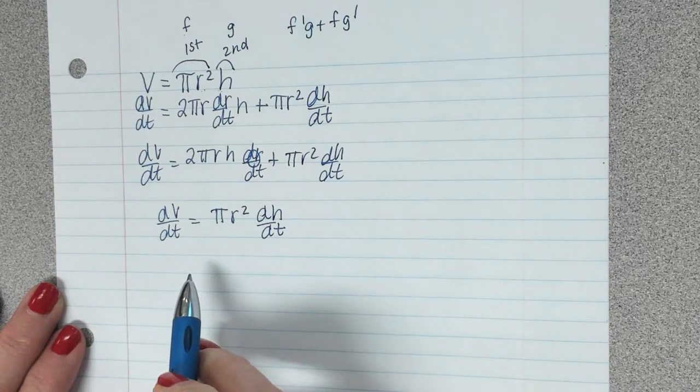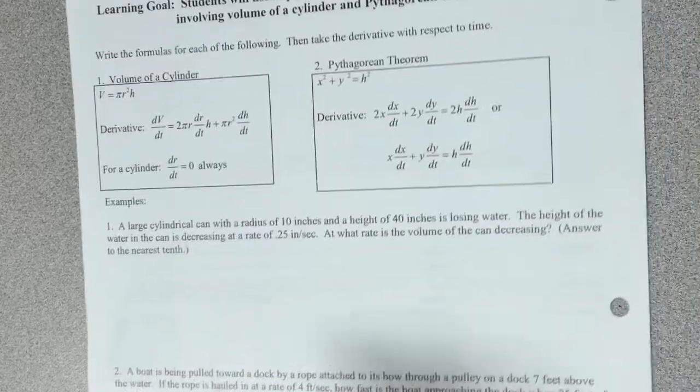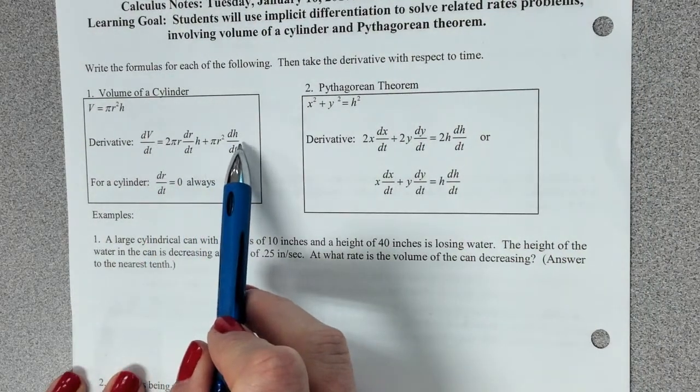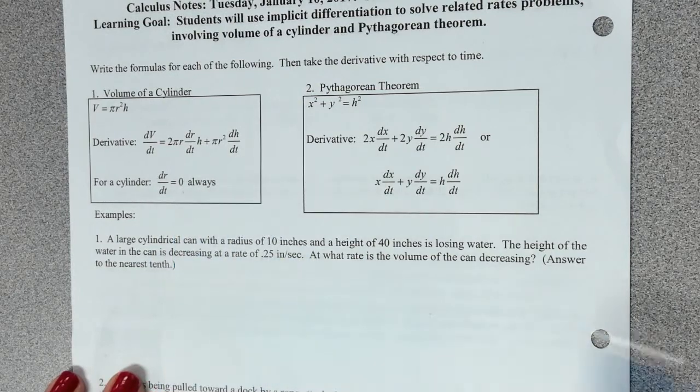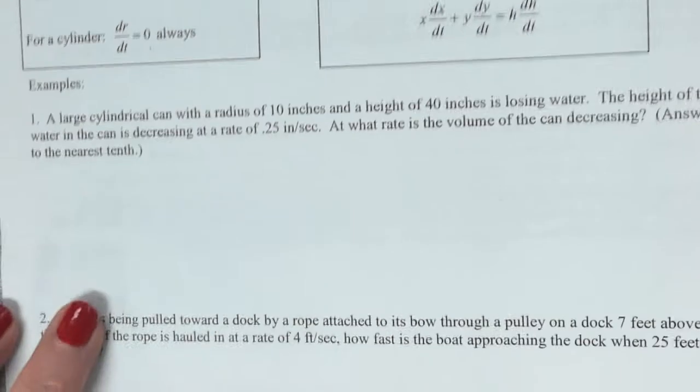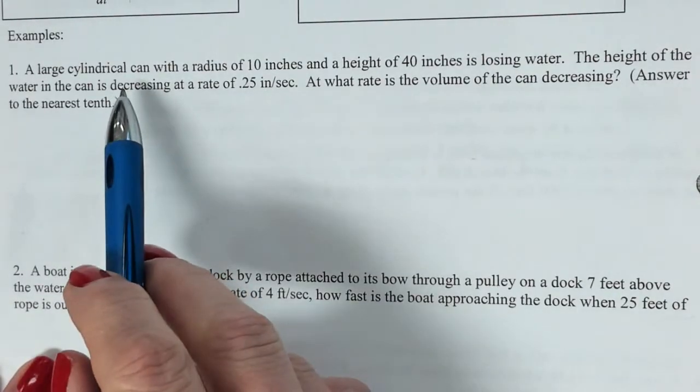Okay? And that brings us to our notes. So looking at our notes, that's what that says. It says, here's the formula for the derivative, but you have to remember that dr/dt is always going to be 0.